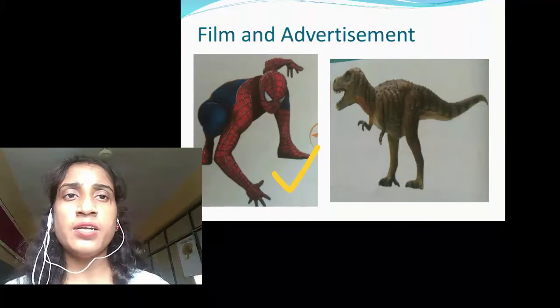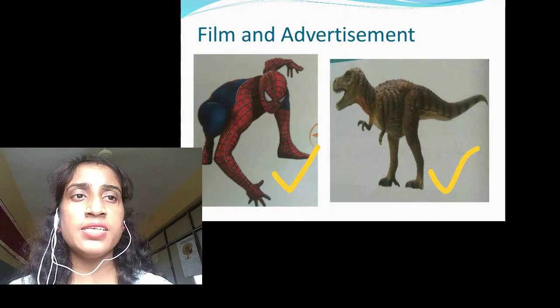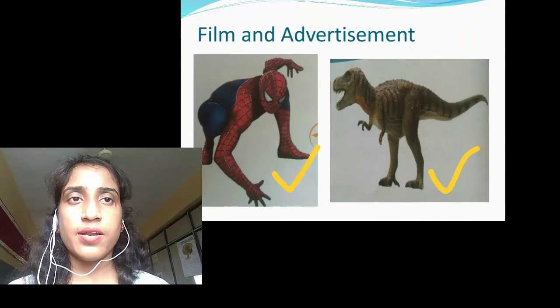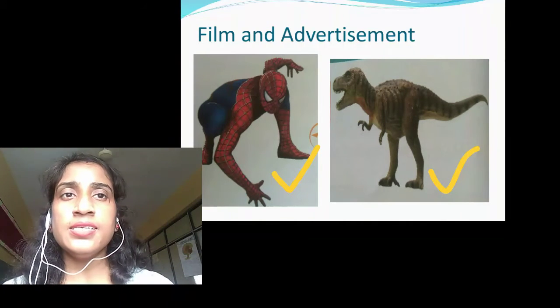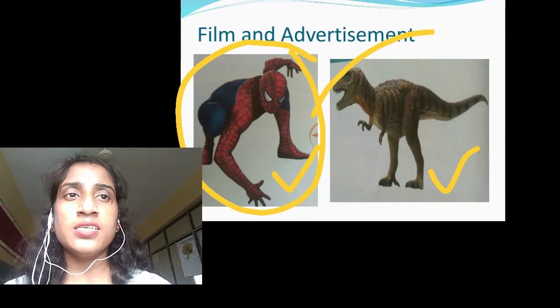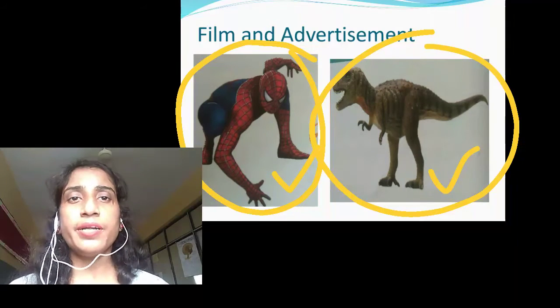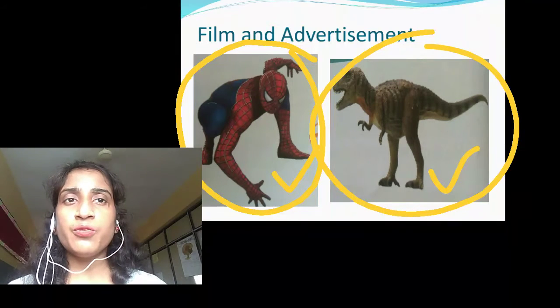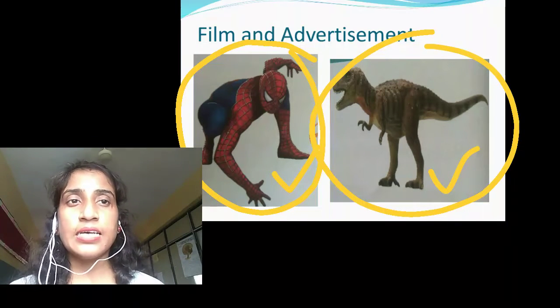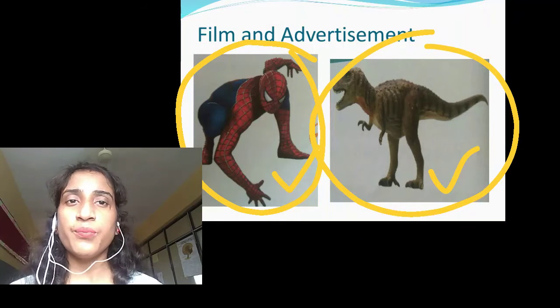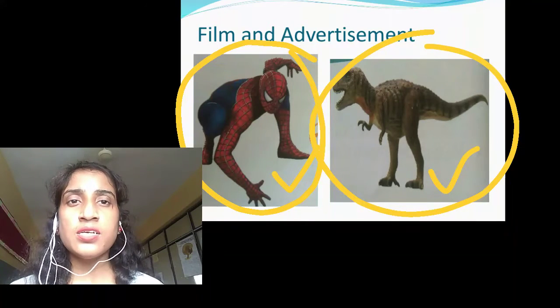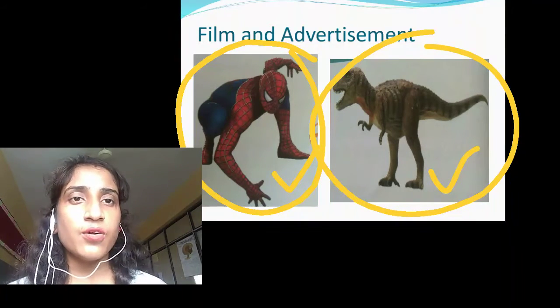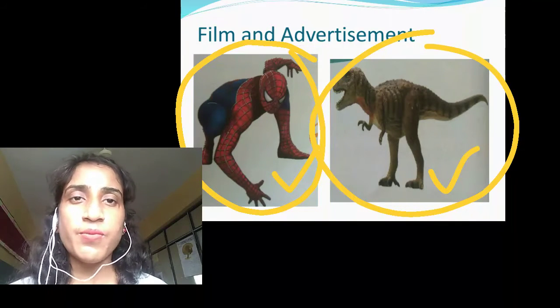The first one is Spider-Man and the second one is a dinosaur. These pictures are animated. You see the movies of Spider-Man? Yes, they are made by the computer, because some special effects are added with the help of computer.